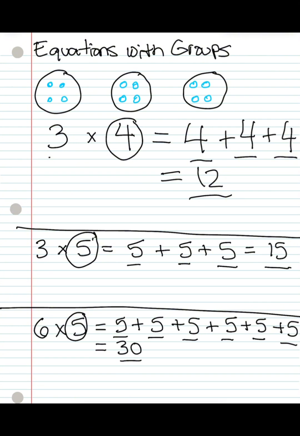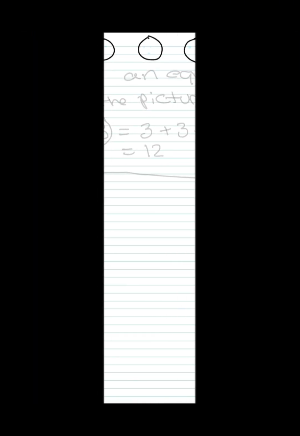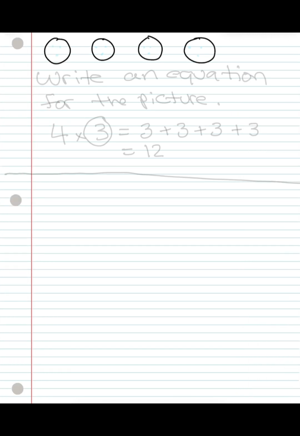Now, another type of problem you might see is just a picture. So you might have a picture like this. And the question in the problem just says, write an equation for the picture.